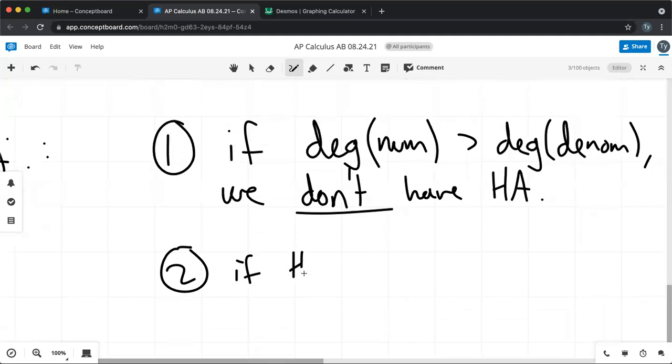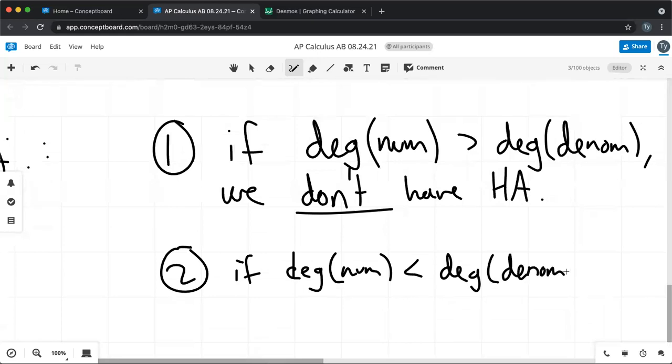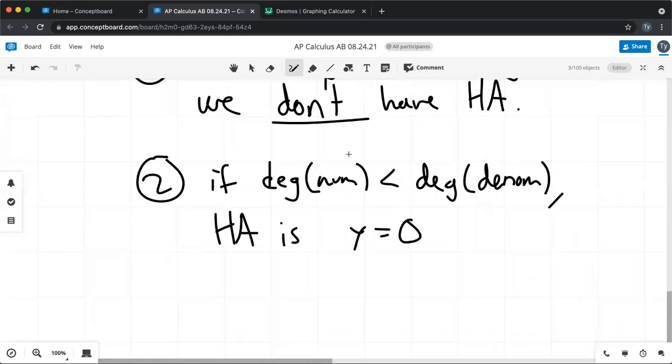If the degree of the numerator is less than the degree of the denominator, the horizontal asymptote is y equals 0. Okay, every time, no matter what these degrees are, if the numerator's degree is less than the denominator's degree, we have a horizontal asymptote of y equals 0.